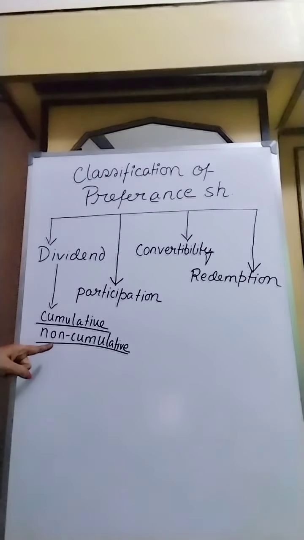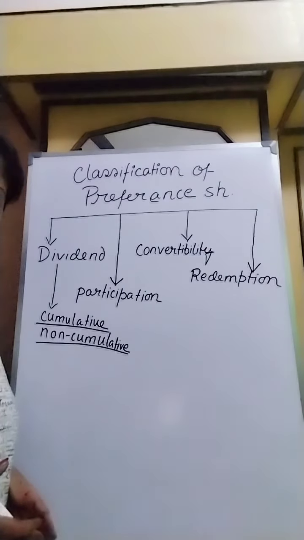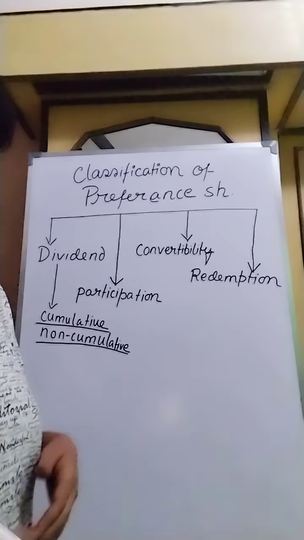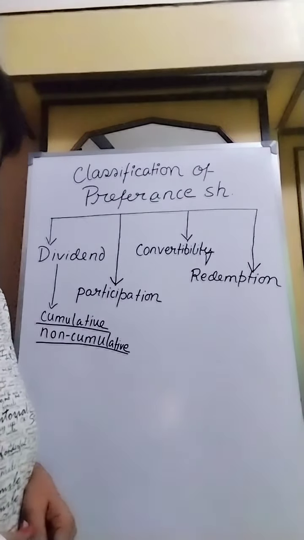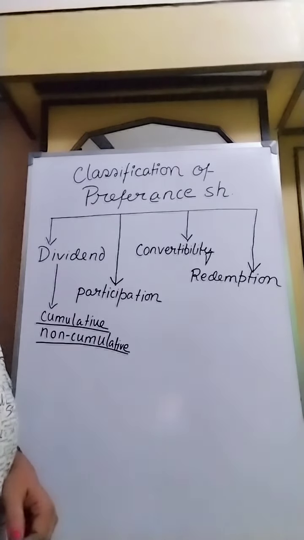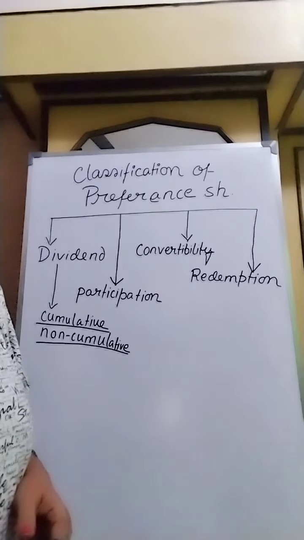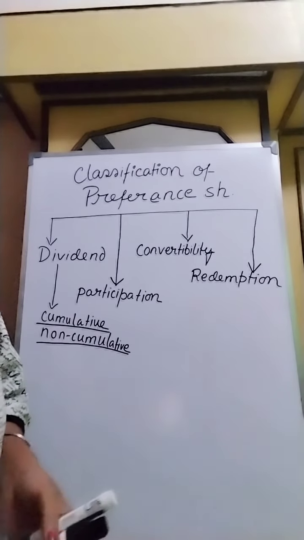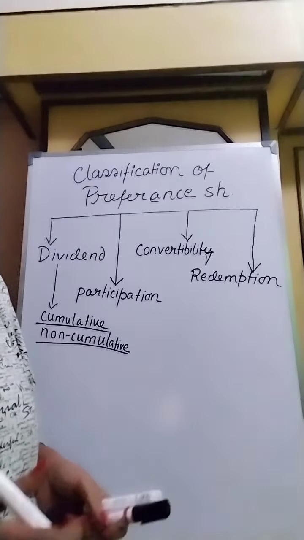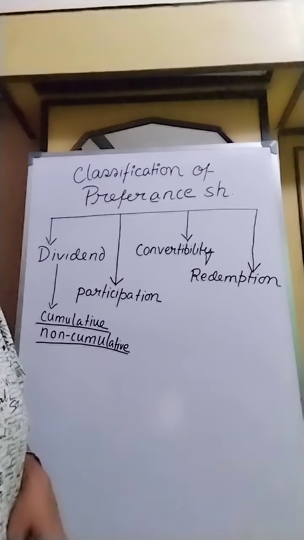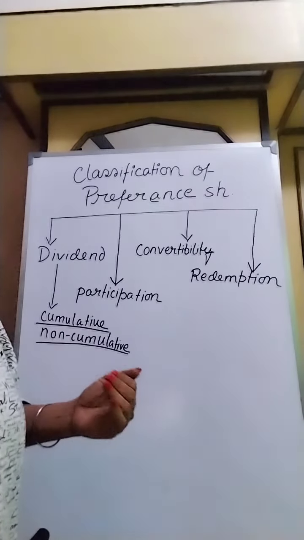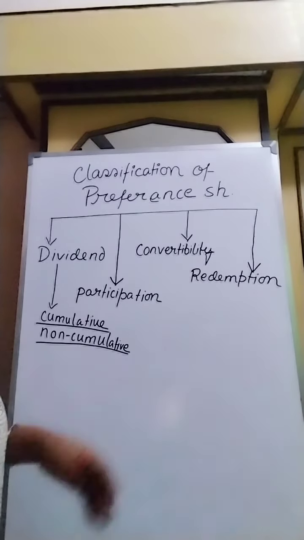Now what is a cumulative preference share? Cumulative preference shares are those preference shares which carry the right to receive arrears of dividend before the dividend is paid to the equity shareholders. For example, if a company has 10,000 7% preference shares of rupees 100 each, and dividend for the years 2010 and 2011 has not been paid, and the company earns adequate profit in the year 2012, in this case the company shall pay 2,10,000 as dividend for 3 years, as the preference shareholders will get the dividend before it is paid to the equity shareholders.